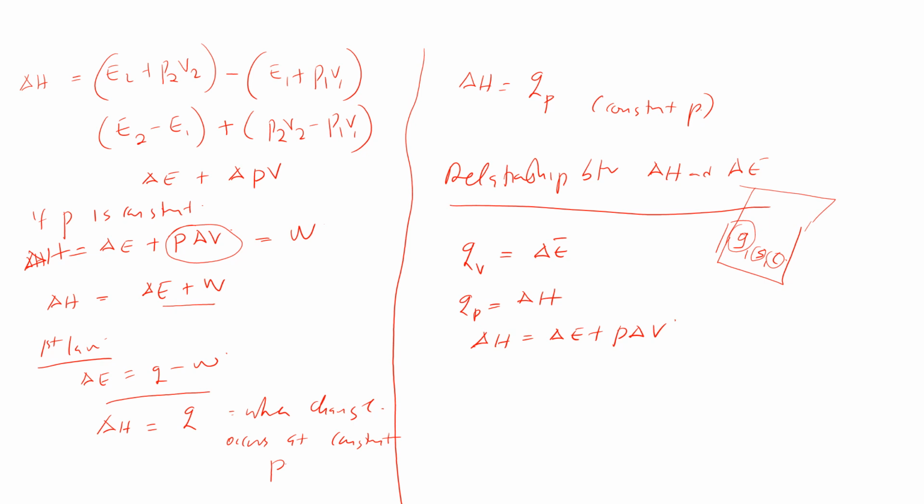And so suppose we have N1 moles of gases before reactions and N2 after reaction, and we assume ideal gas behavior, we then have PV2 equal to N2 RT, PV1 equal to N1 RT, and so P delta V, which is P(V2 minus V1), is equal to (N2 minus N1) RT.